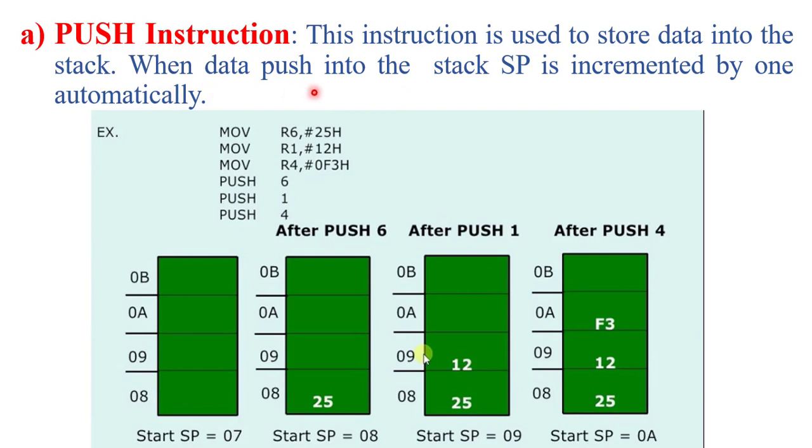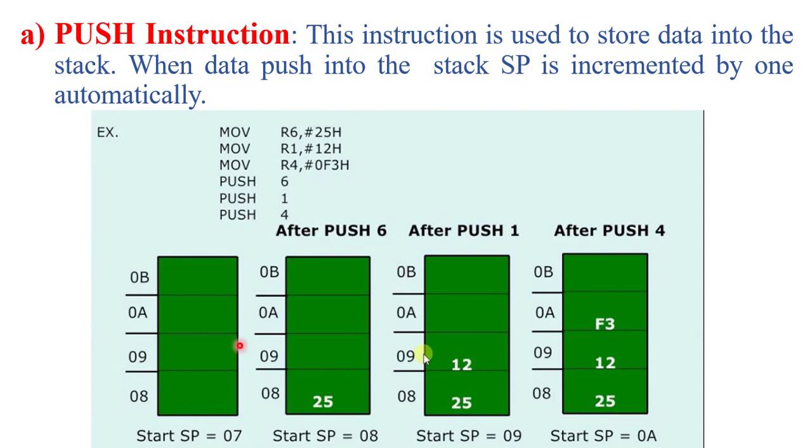And when we push data into the stack, the stack pointer is incremented by 1 automatically. What is a stack pointer? As I have already told, the stack pointer is a register that points to the top address of the stack. So before pushing data into the stack, the stack pointer is incremented by 1.